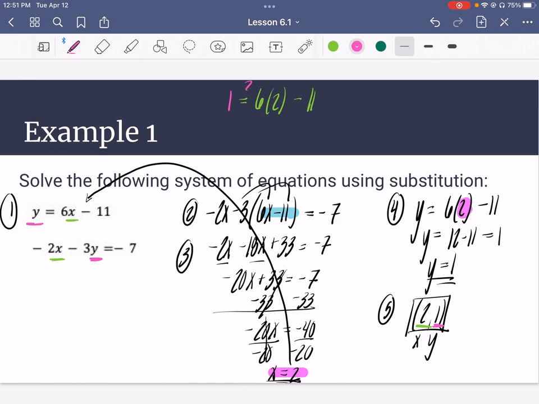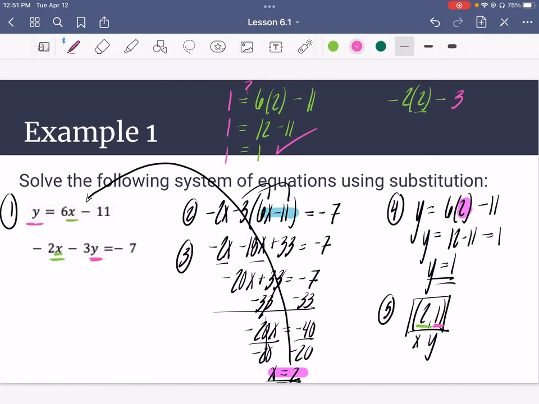So the first equation, if I plug in 1 for y here, does that in fact equal 6 times 2 minus 11? And I'm going to intentionally put a question mark over here until I confirm. Well, 6 times 2 is 12, minus 11 is in fact 1. And so yes, this does satisfy that equation.